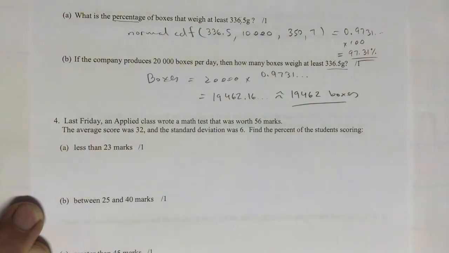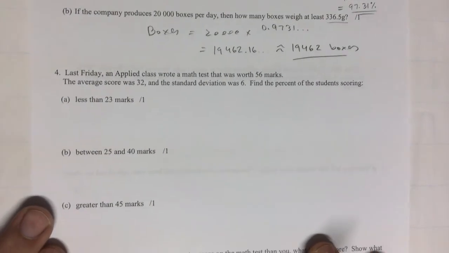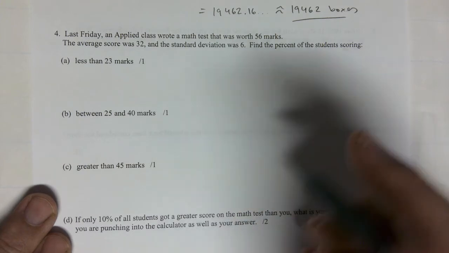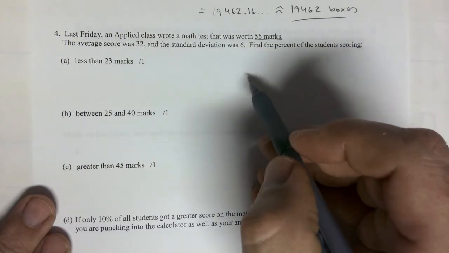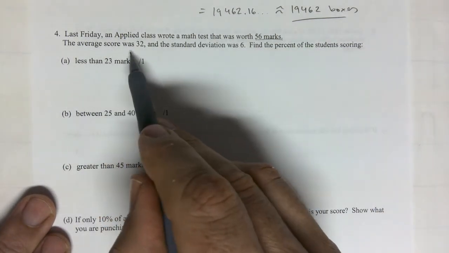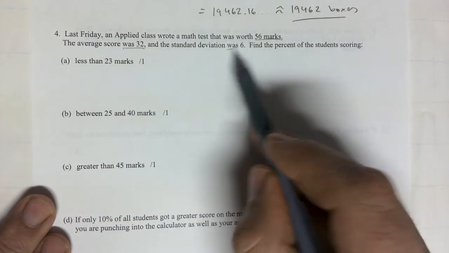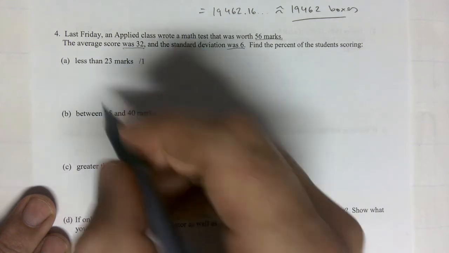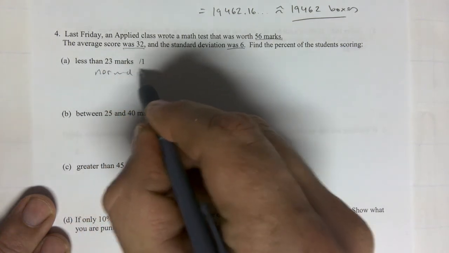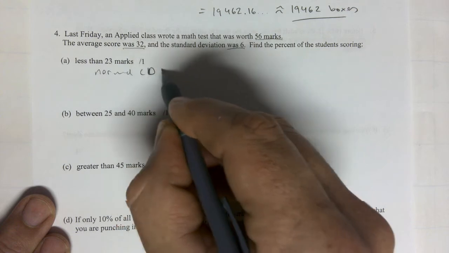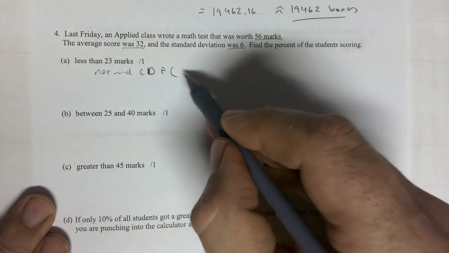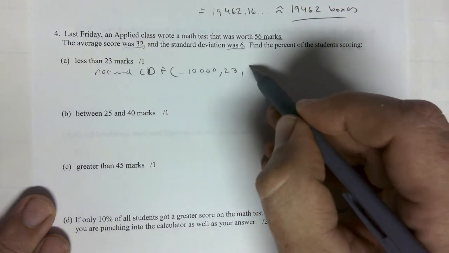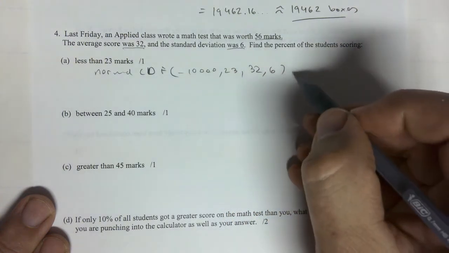Okay, you've got that. Next, last Friday, an applied class wrote a math test, was worth 56 marks. The average score was 32, standard deviation was 6. Find a percent of students scoring less than 23 marks. Normal CDF, less than 23, so it's negative 10,000 up to 23, and the average is 32, and it's 6 there.